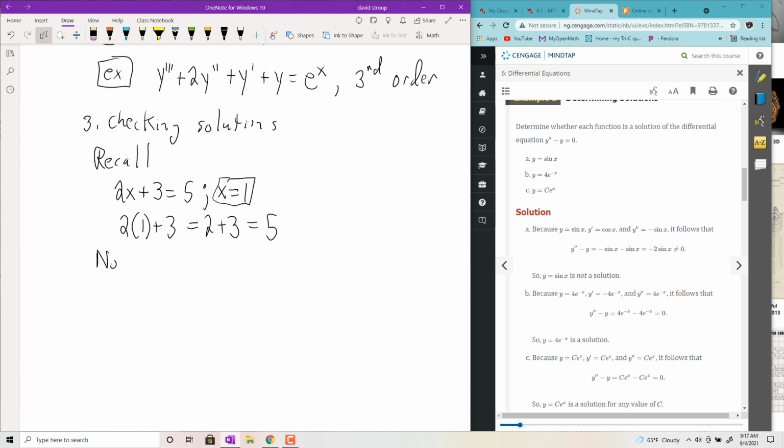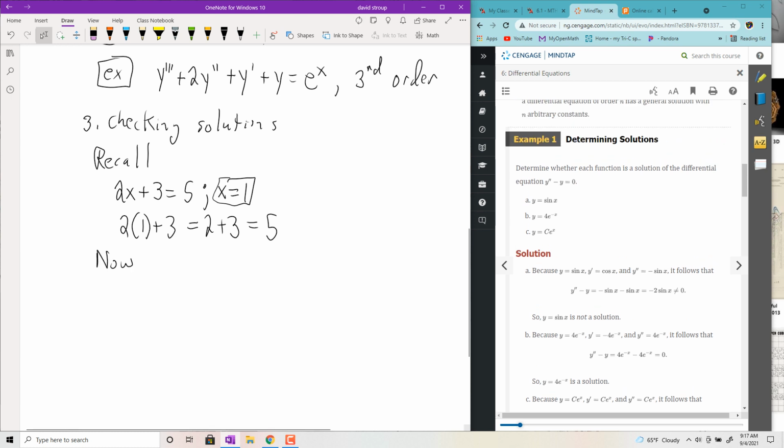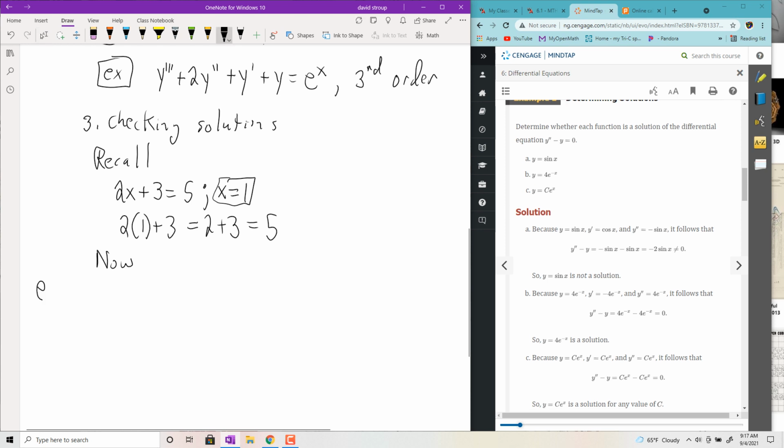So now let's look at example 1 in the book. We're given a differential equation. I'll set it up just like they used to set up the old algebra questions. We want to see if y equals sine x is a solution. It's not a matter of just substituting in.